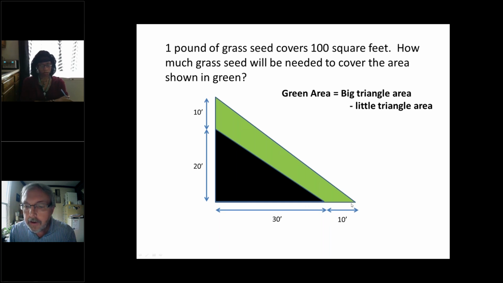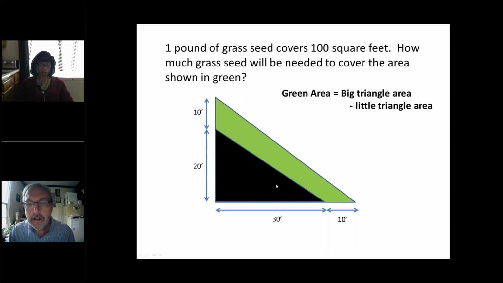So the length along there is 40, and the height is 20 plus 10, or 30. So our piece of paper would have a certain area to it. It would be the area of the entire thing. Now let's say we took a pair of scissors and we trimmed off this part of it. So all we were left with was just this green.